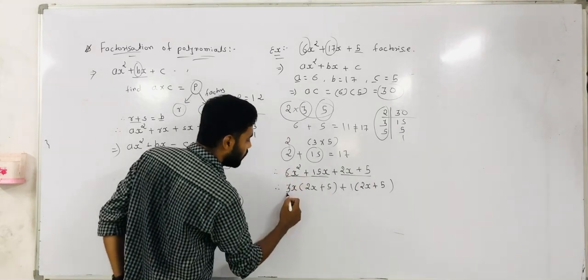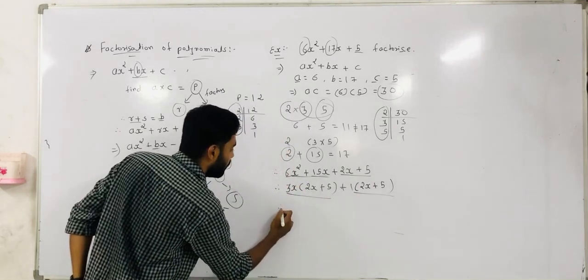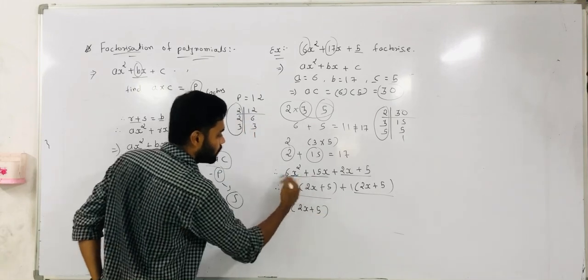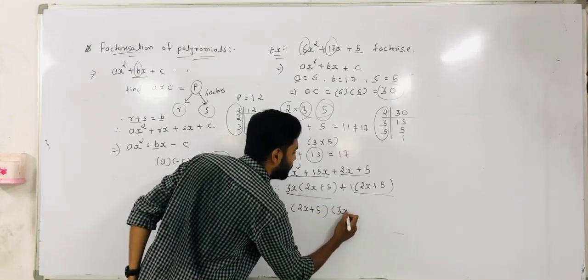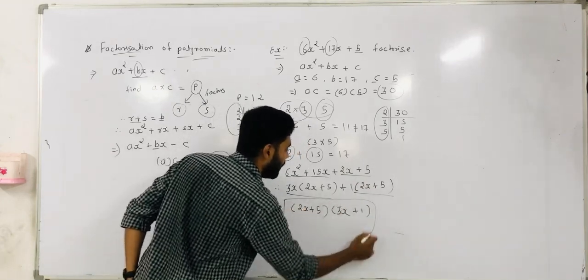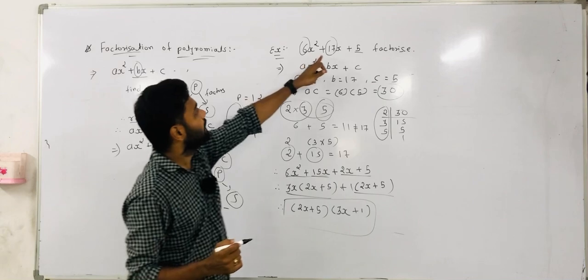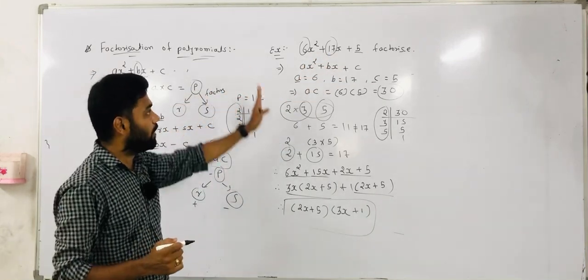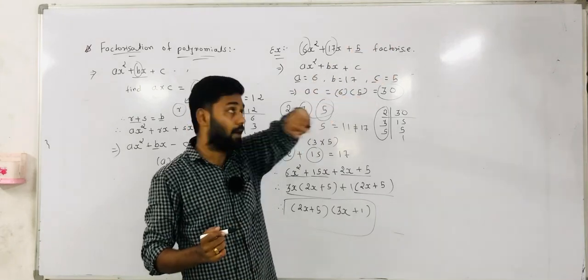Now again we have two terms. From this, 2x plus 5 is common, so from the first term you will get 3x and from the second term you will get 1. So these are the factors of 6x square plus 17x plus 5. So this way you can split the middle term.